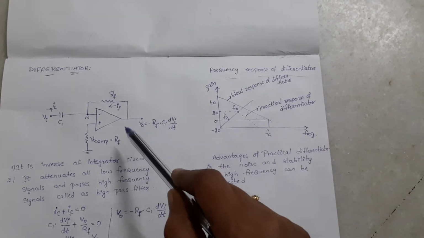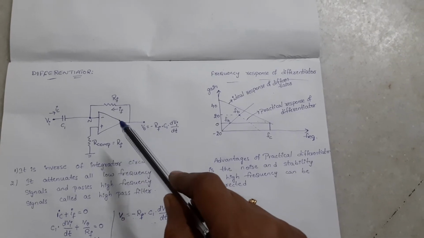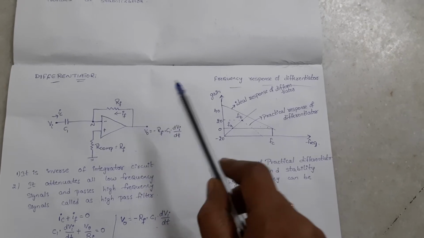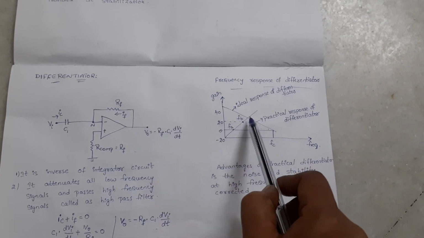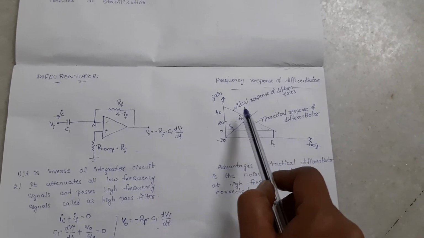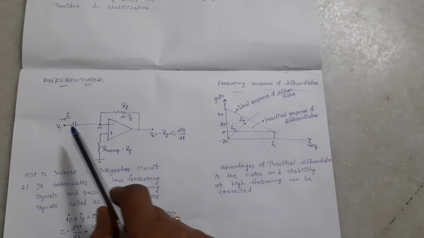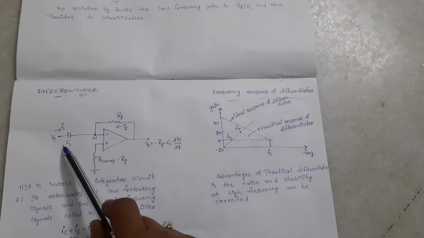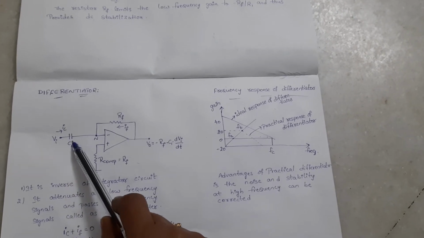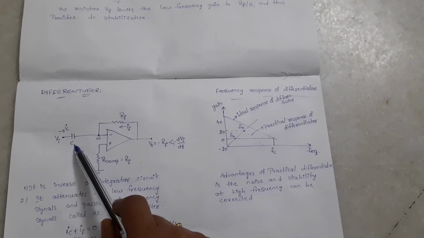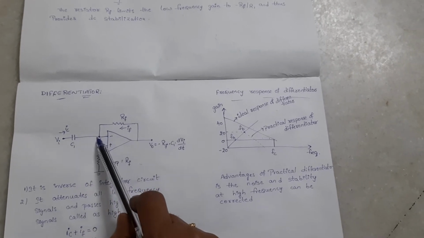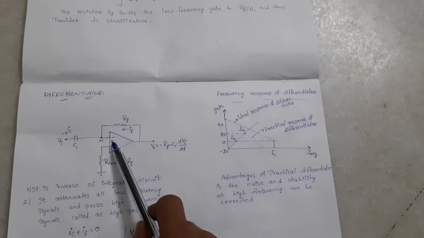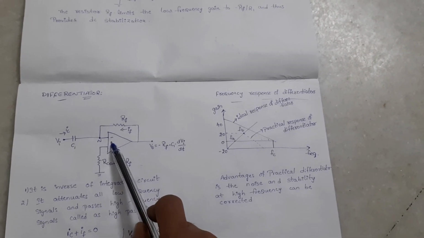See, the main disadvantage with this differentiator is that as the frequency increases, gain also increases. How? Let us see. When the input frequency is 0, say F is equal to 0, then the capacitor is open circuited. So this circuit behaves as a unity gain or voltage follower circuit.